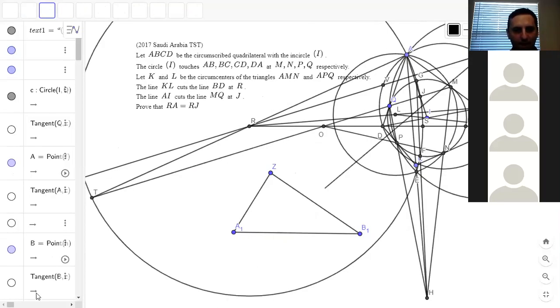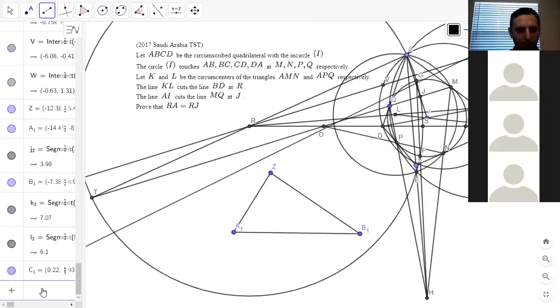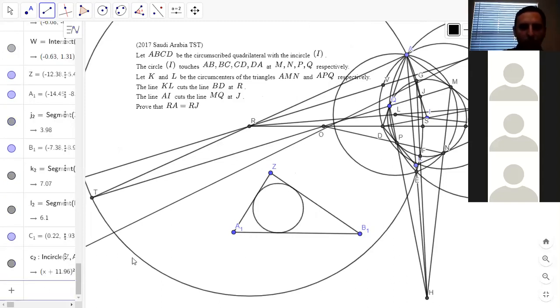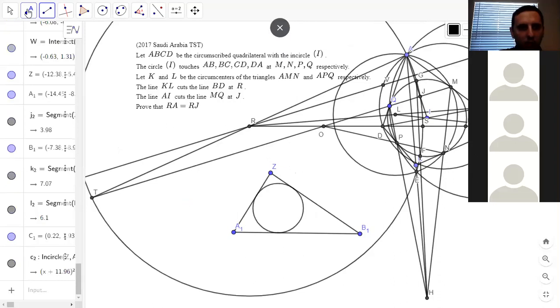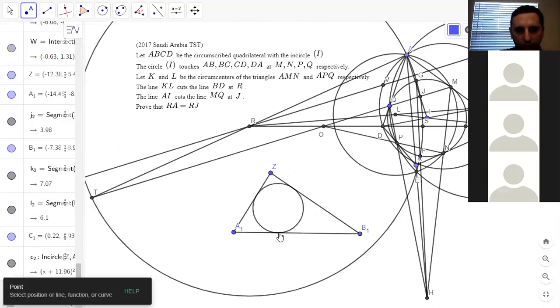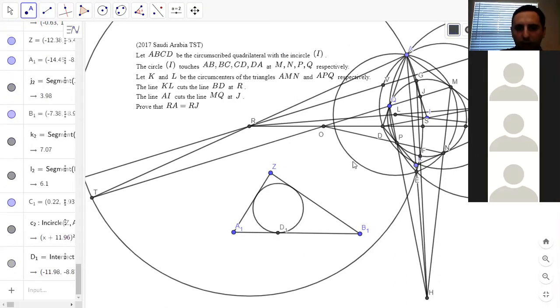So yeah, I'm wondering, what if we take the degenerate quadrilateral ZA1DB1 and then we did this problem.